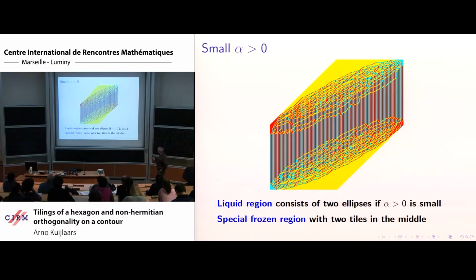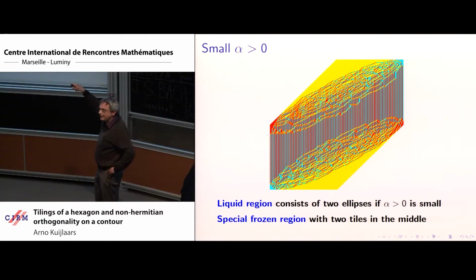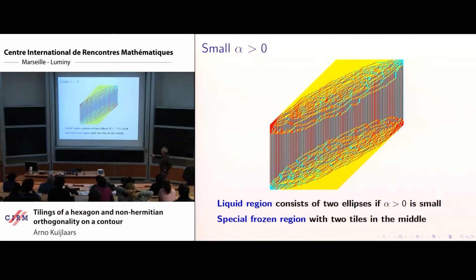If you grow the size of your hexagons, near the boundary between the floor and this wall, and also between the ceiling and the wall, there is some liquid region coming in. I mean, the randomness starts happening here and down here.